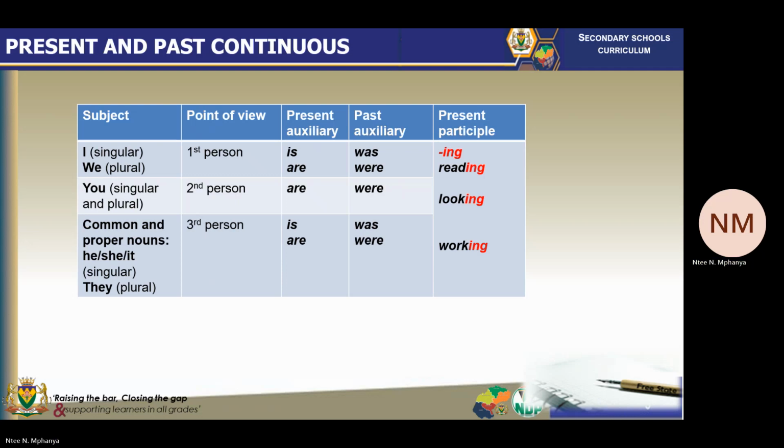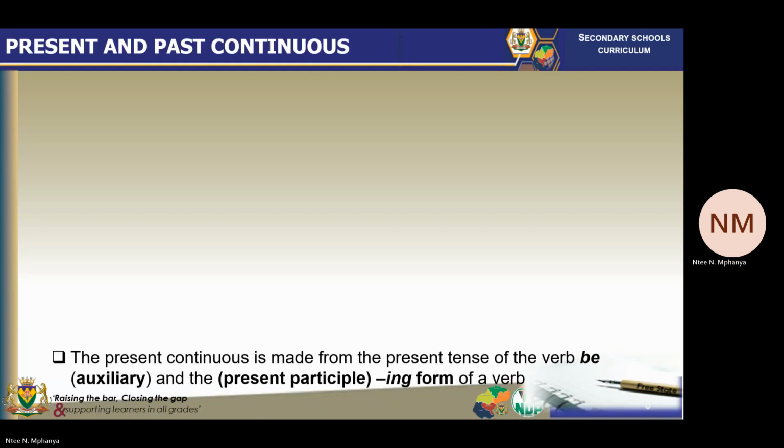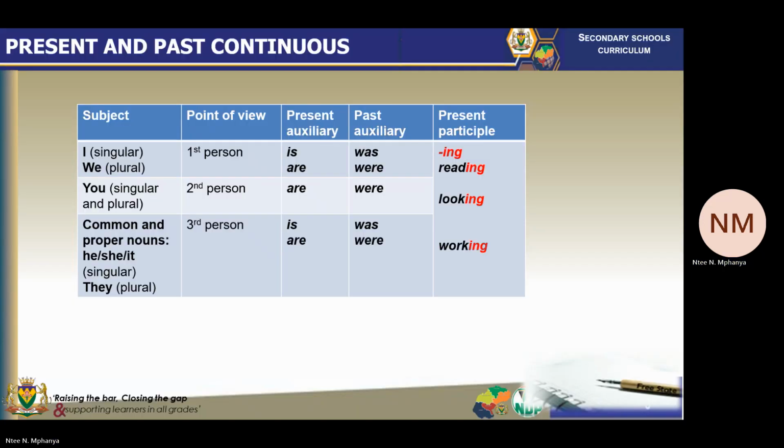Then we have the third person point of view. In this case, we have common and proper nouns, or we have the pronouns he, she, or it in singular, which use is, and then we have they in plural, which use are for the present auxiliary verb, while for the past auxiliary verb, they use was for singular and were for plural.